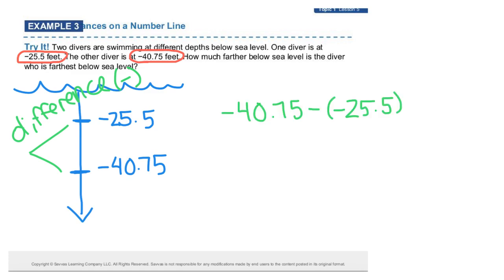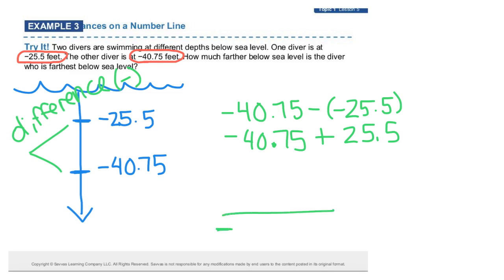All right, so I want the difference, so that is subtraction. I'm going to keep, change, change. Now, I have different signs, so my answer is going to be negative. And since I have different signs, I am going to subtract my digits.